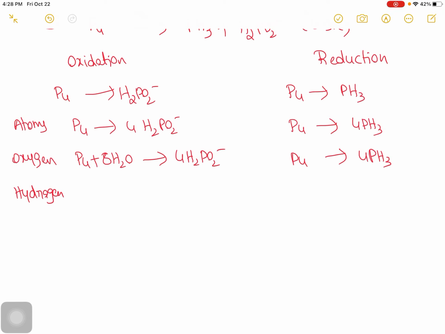See, if you observe the number of hydrogens, 16 hydrogens are there on the left, 8 hydrogens on the right. The right side is 8 hydrogens less.